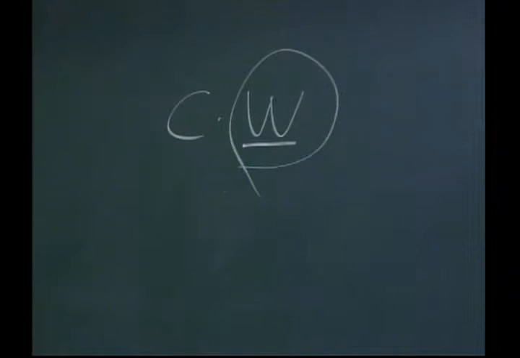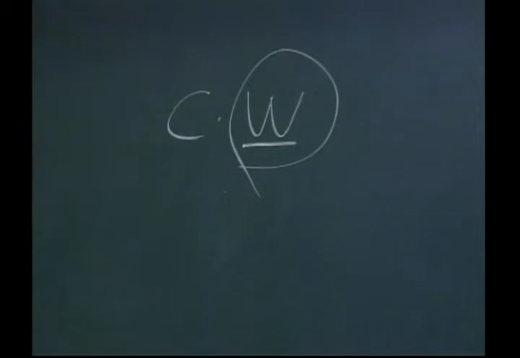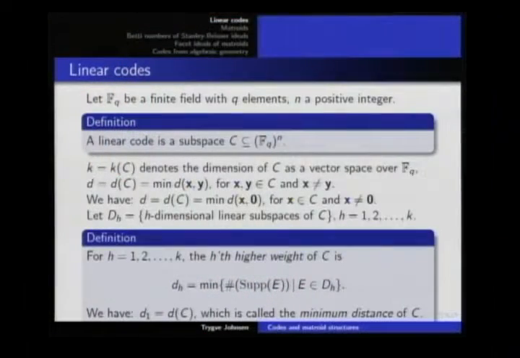So the minimum cardinality of the support of a one-dimensional subspace is the same as the minimum cardinality of the support of one single word. So that's the minimum distance. So we see that the other ones, d_2, d_3, and so on, generalize the minimum distance.